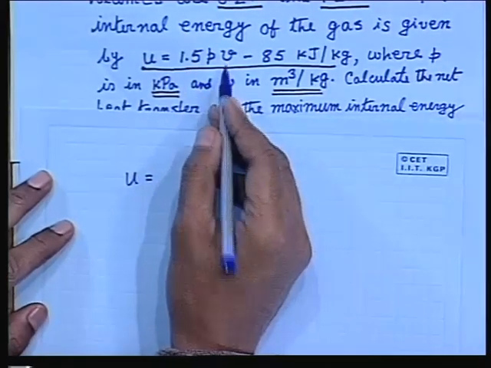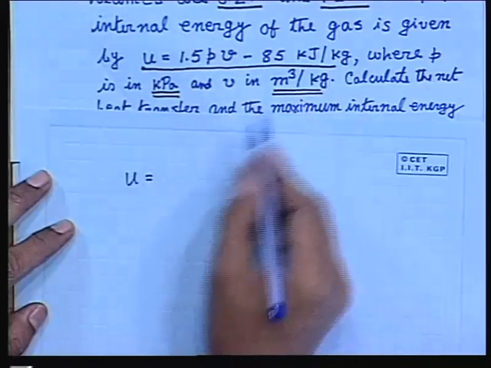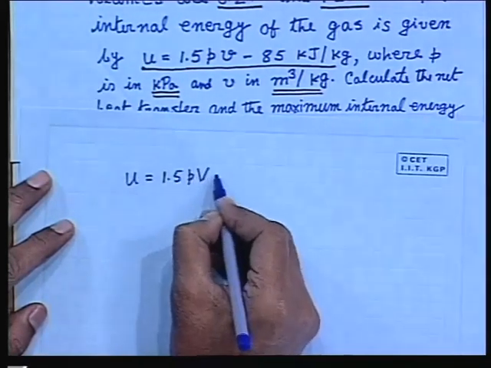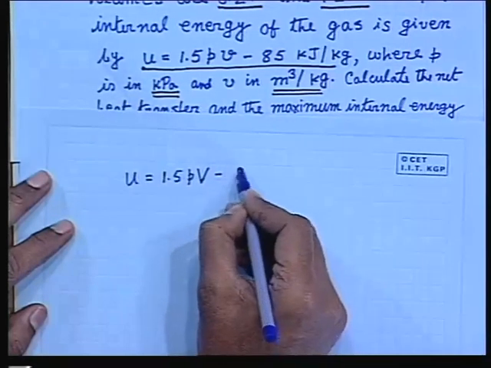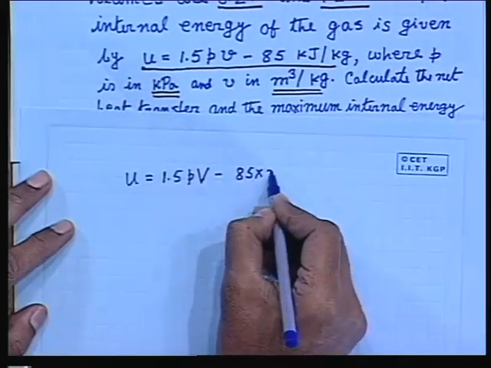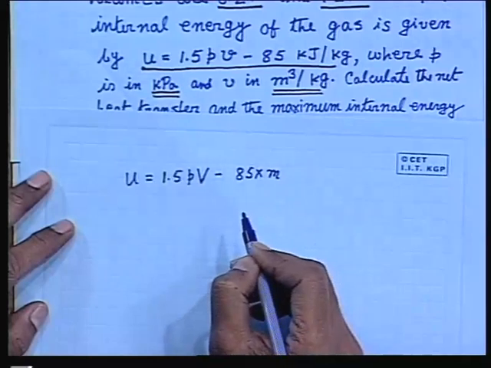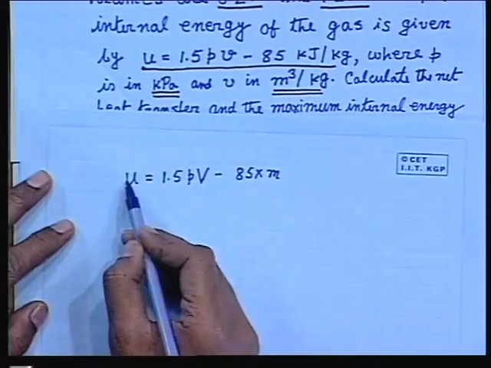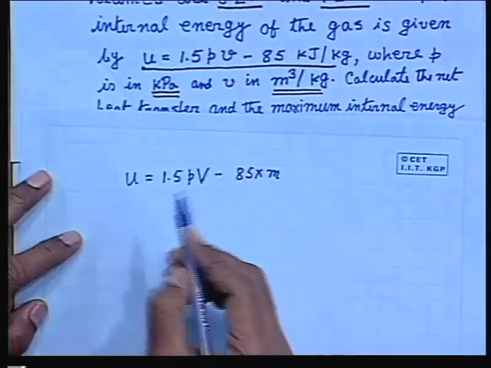Here V is also meter cube per kg. That means I will write the equation rather in this fashion, minus, into mass of the gas. So this is the relationship between the pressure, volume and the total internal energy of the system.